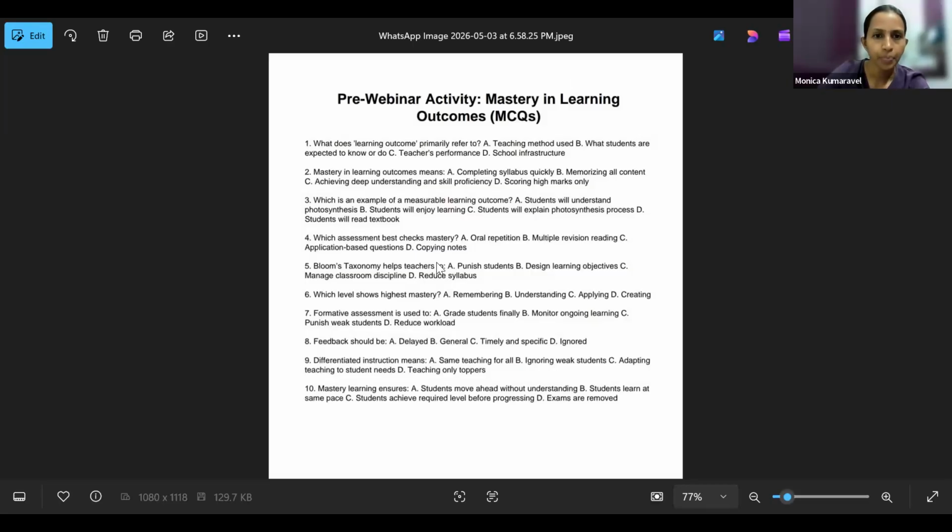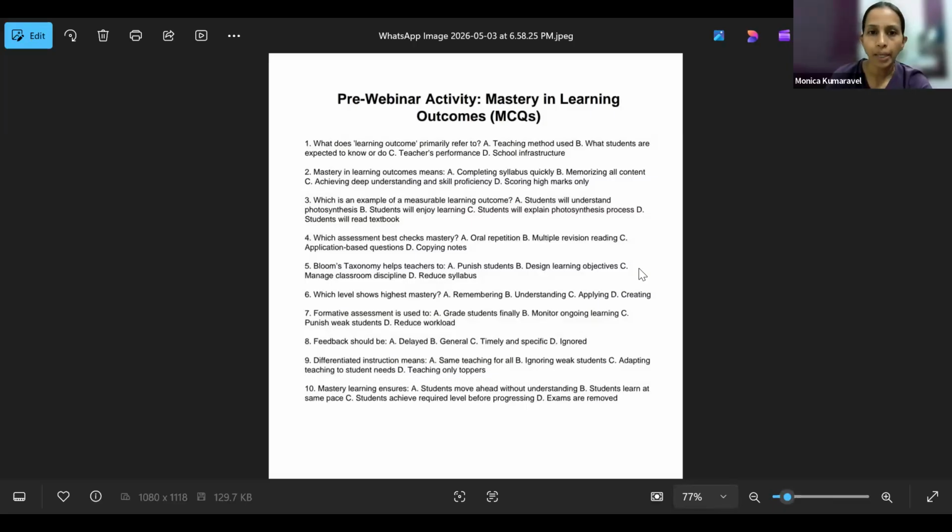Next one. Which assessment best checks the mastery? Oral repetition, multiple revision reading, application-based questions, or copying notes? C, application-based. With evolving teaching skills, we are using a lot of case-based or application-based questions, right? So that will check the mastery of the assessment.